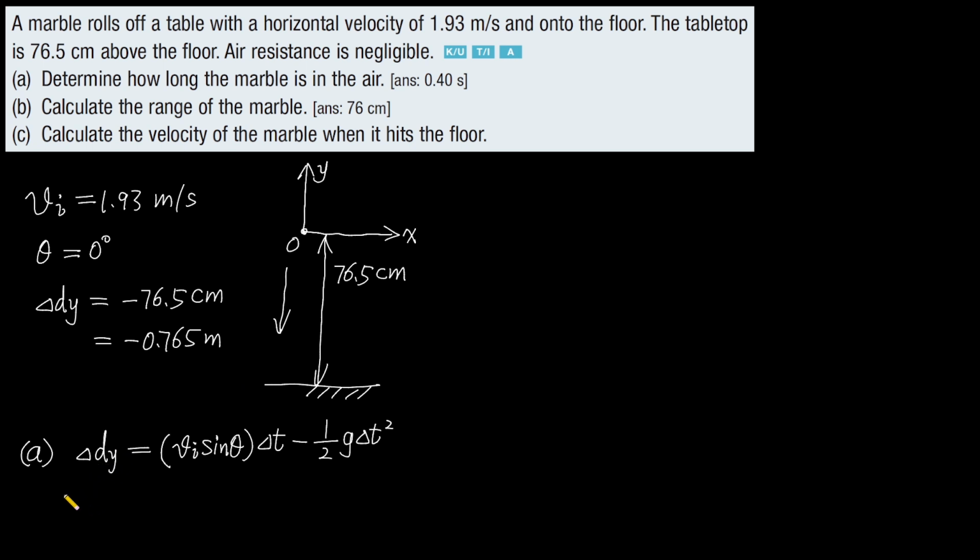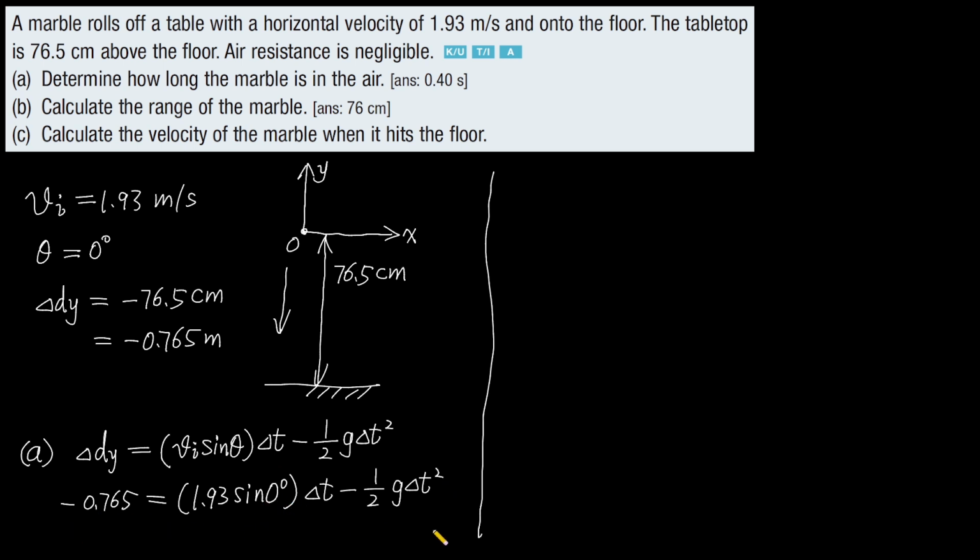So delta y is negative 0.765, and this equals the initial velocity 1.93 multiplied by sine 0 degrees multiplied by delta t, minus 1/2 g delta t squared. And we know sine 0 degrees equals 0.